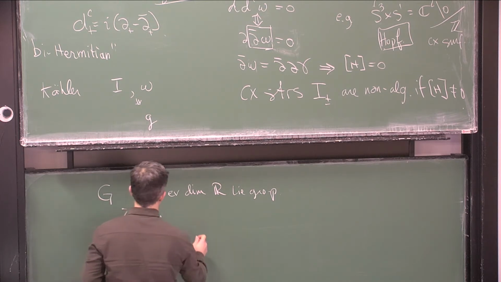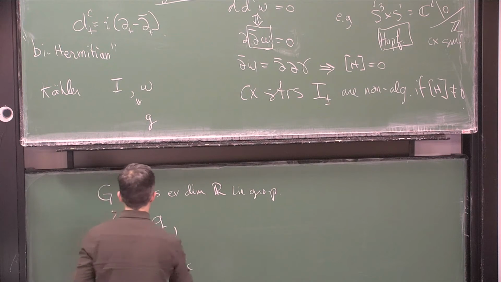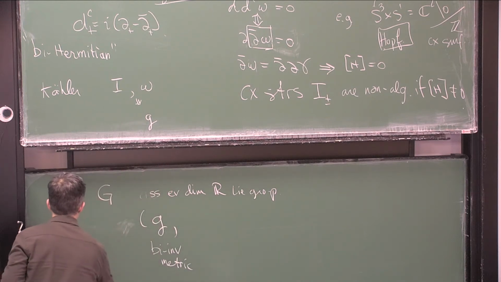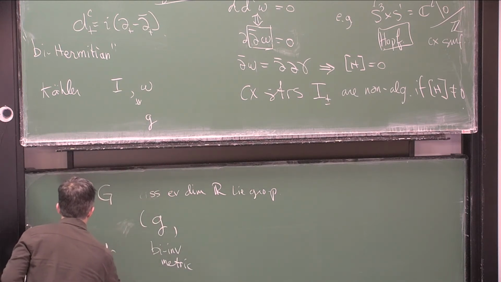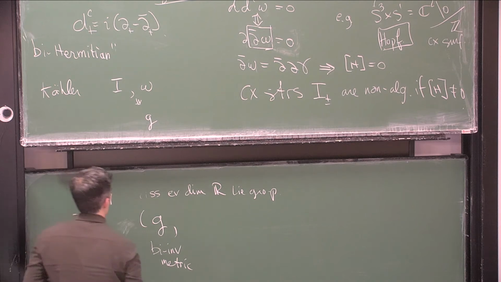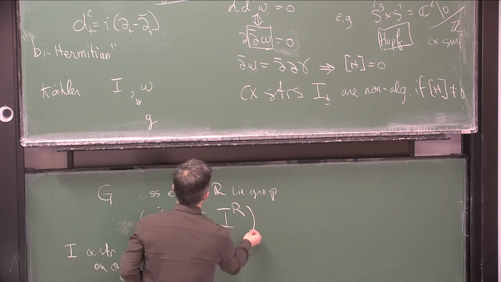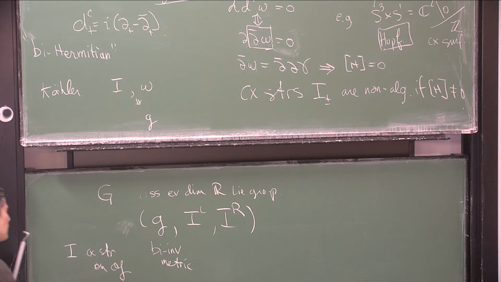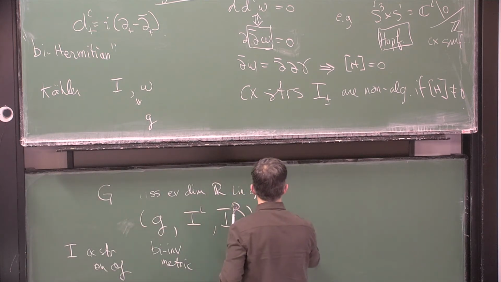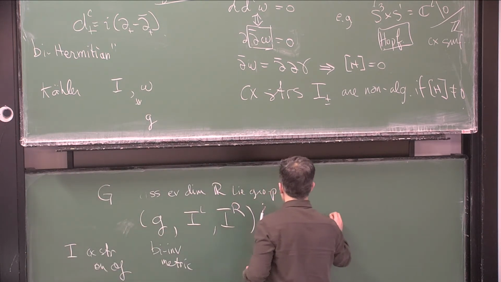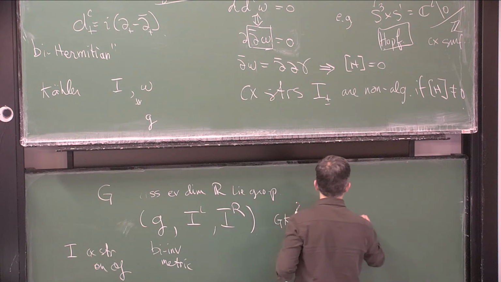You can choose a complex structure on the Lie algebra, and you can left translate it, and you can right translate it. And it turns out that this will be generalized Kähler, with H being the Cartan 3-form.